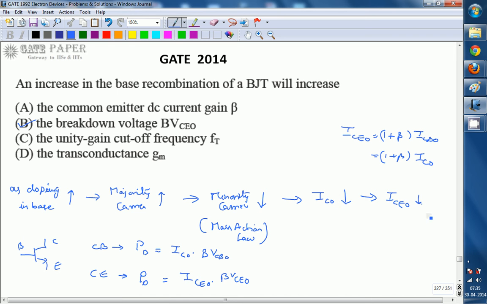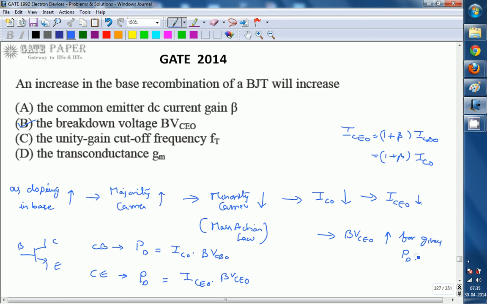Whenever ICO is reduced, ICEO is reduced, so BVCEO increases for a given PD. For given power dissipation, if ICEO is reducing, the breakdown voltage across collector to emitter with base open increases.